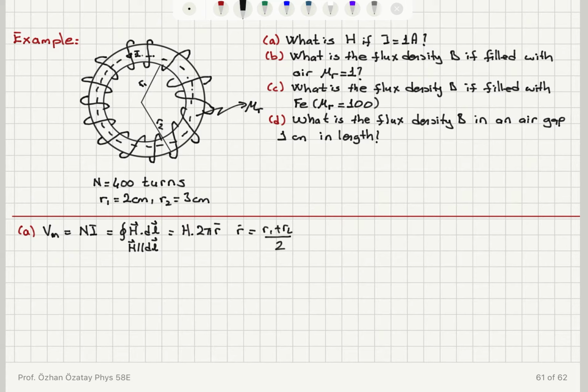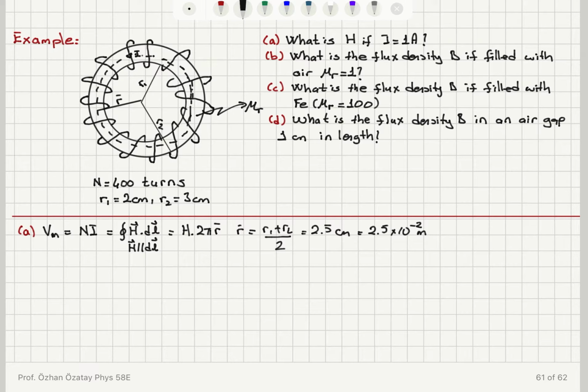That corresponds to the circumference of this circle, which has the average radius r bar. So this is basically 2.5 centimeters. Since I'm using SI units here, I'm going to convert this to meters, so 2.5 times 10 to the minus 2 meters.